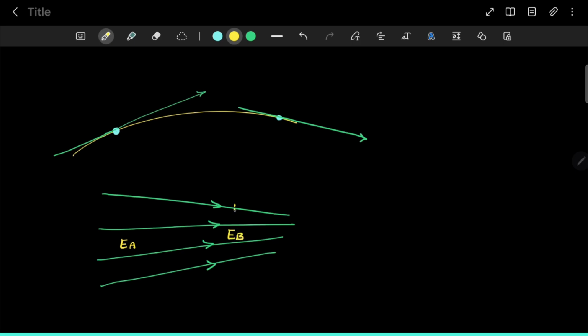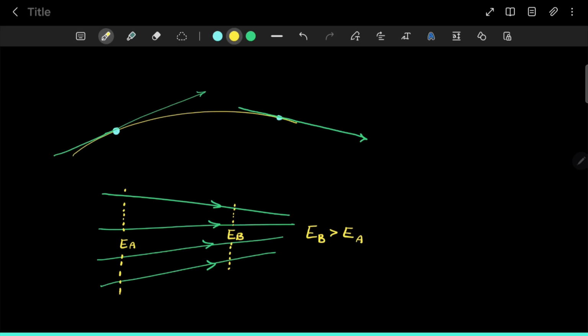If you observe, the field lines are very close to each other at this point, whereas here they are very far away from each other. So what we can infer is that the electric field at point B is greater than the electric field at point A.